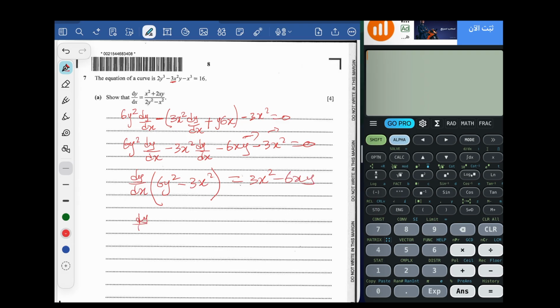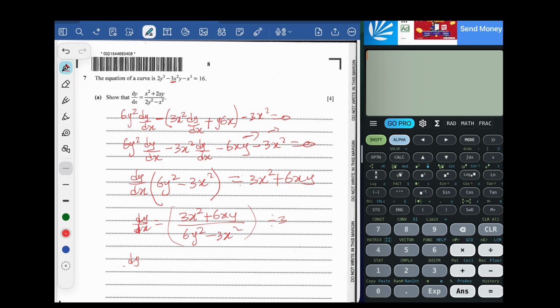So dy/dx will be 3x squared plus 6xy over 6y squared minus 3x squared. All right, always check your work, and whenever they give you something to prove, you have to get that. So you just divide everything by 3.